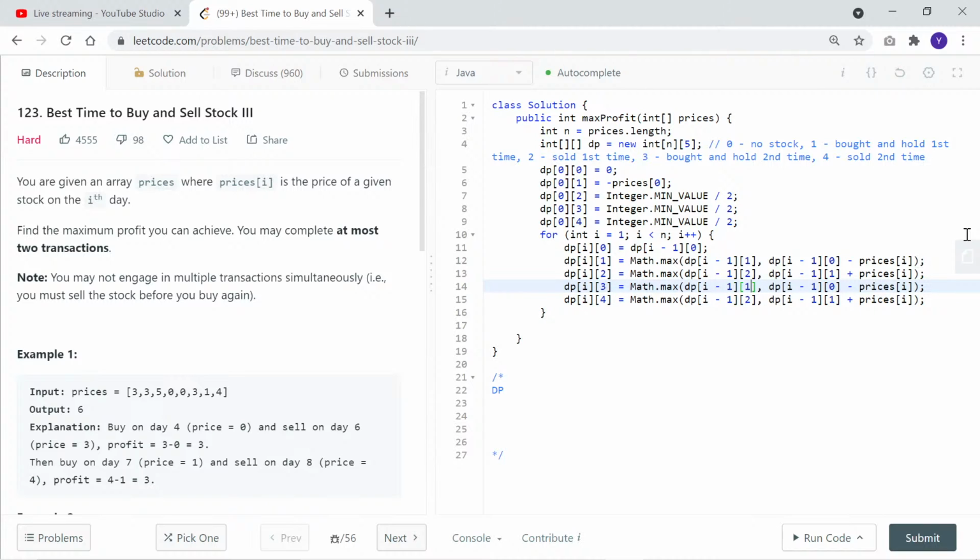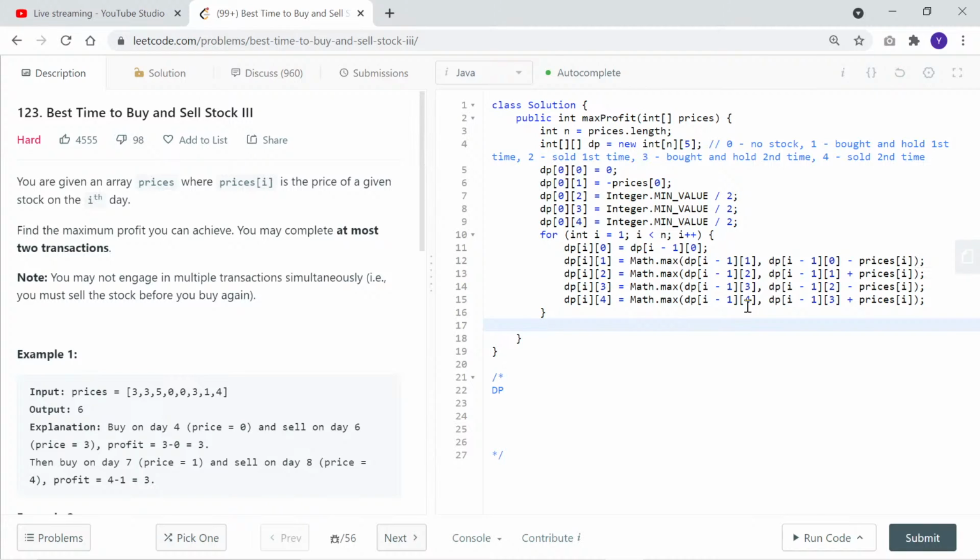So 3 corresponds to 3 and also 2, and 4 is either from 4 or from 3. This basically covers all the transitions 0, 1, 2, 3, 4.